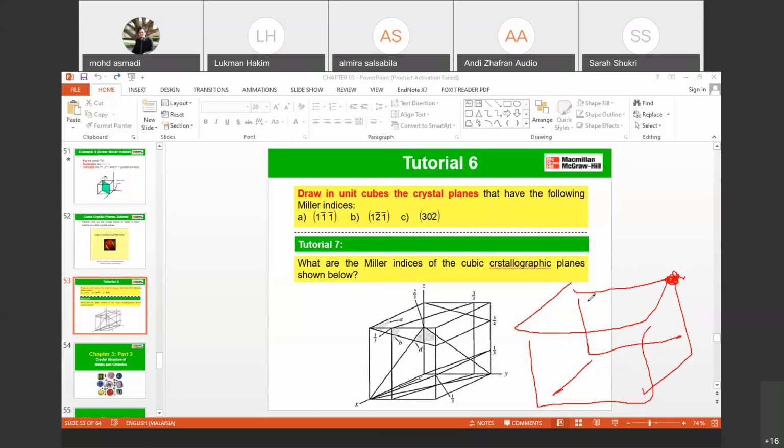So this is here, but still 0, 0, 0. That's this one, X, Y, Z. Anyone for B and C? If not, I will just call your names.